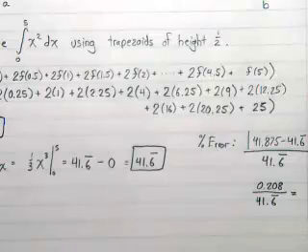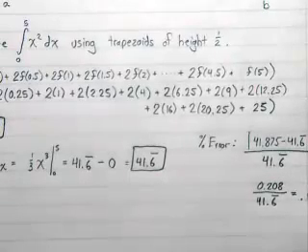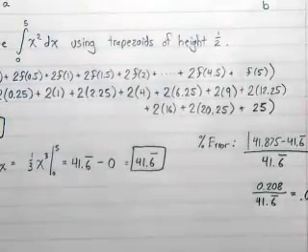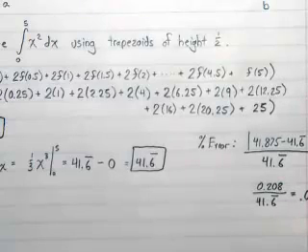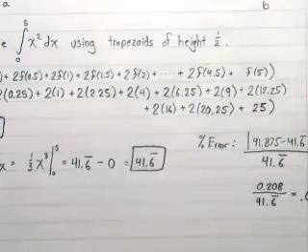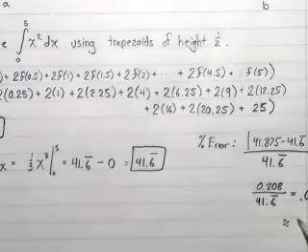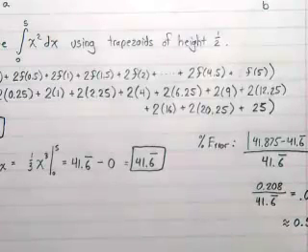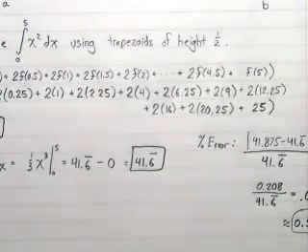So that divided by 41.667 again, I'm getting 0.00499. Now what is that as a percent? It's approximately 0.5%. Not too shabby. We're only off by 0.5% of what we wanted.